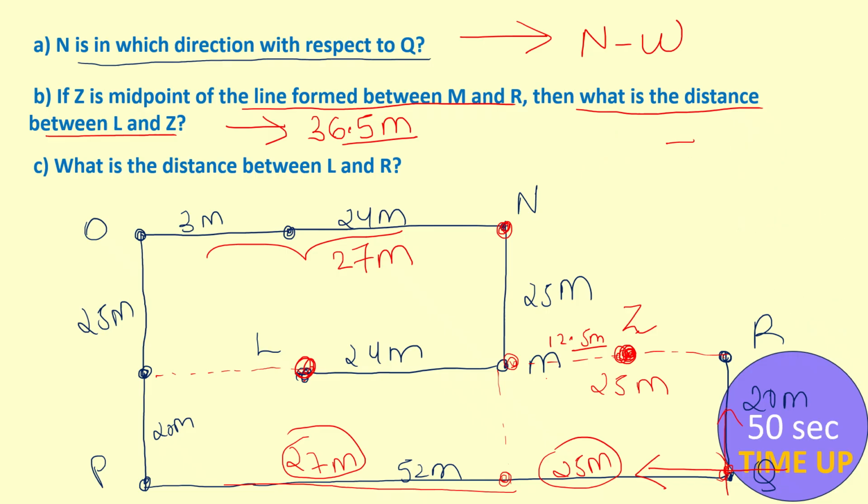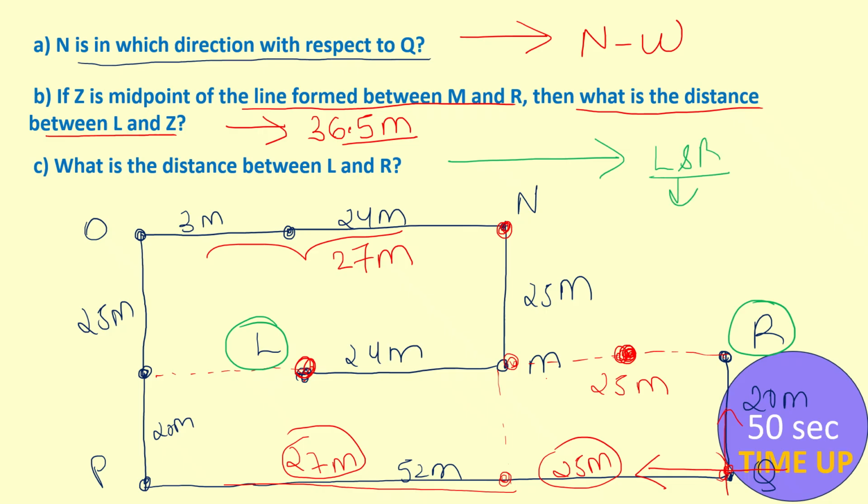Next question. What are they saying? What is the distance between L and R? Now they want the distance between L and R. This is your L and this is your R. So if I take the distance L to M, plus we want the M to R distance, that will give you the LR distance.